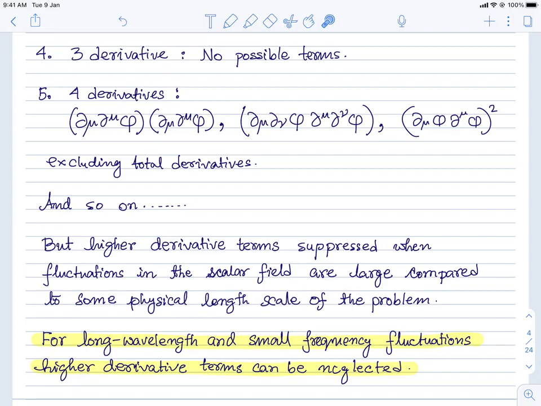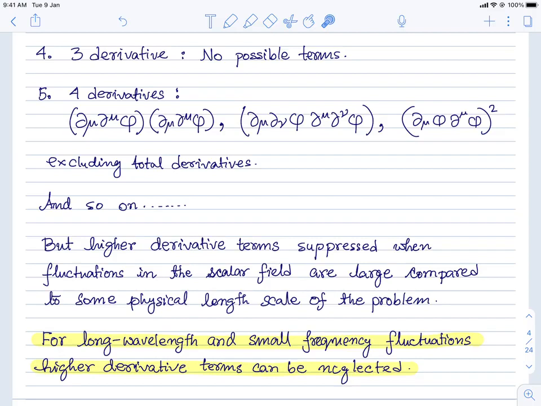Again, when you go to the quantum version of the theory, there are some very interesting reasons for what happens to these higher derivative terms. But for the moment, I hope this point is clear: even thinking of this as a classical theory, for longer wavelength fluctuations compared to some given length scale, we can safely ignore this kind of higher derivative terms, and we can work with the least number of derivatives. Of course, there can be no derivatives. If there are no derivatives, then there is no dynamics.